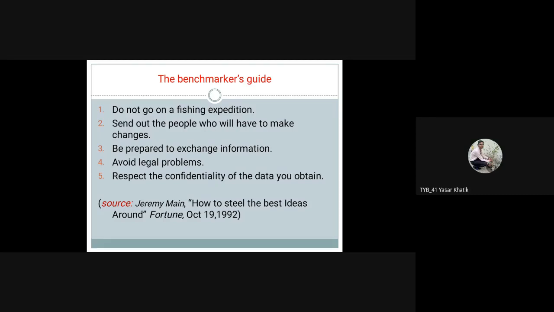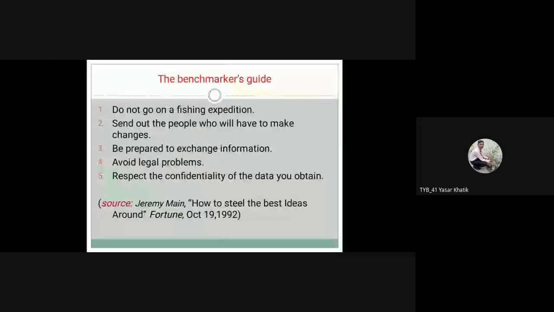Okay, so benchmarking is a very essential part for every organization. You can take our example also. Suppose we have to keep in mind a standard level, top level, and looking at that standard level, we have to achieve our goal.